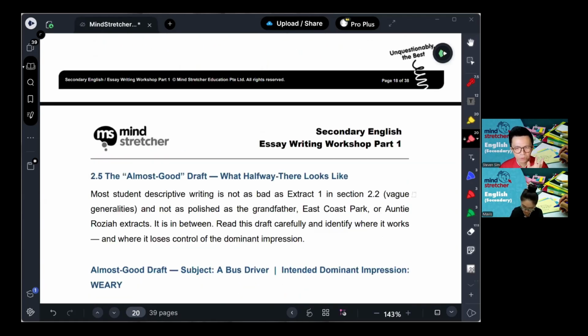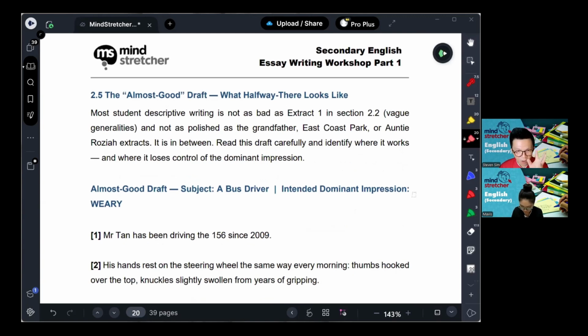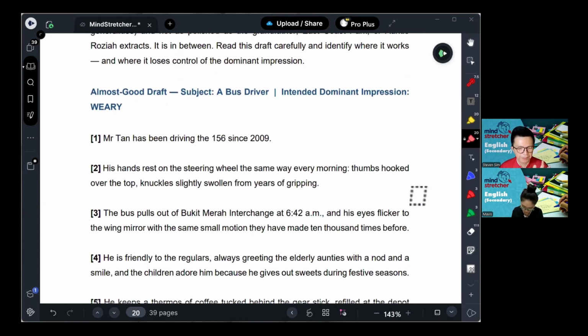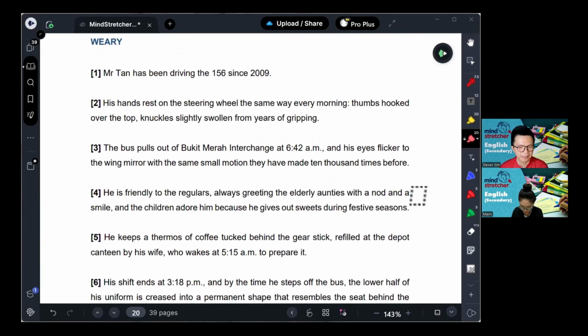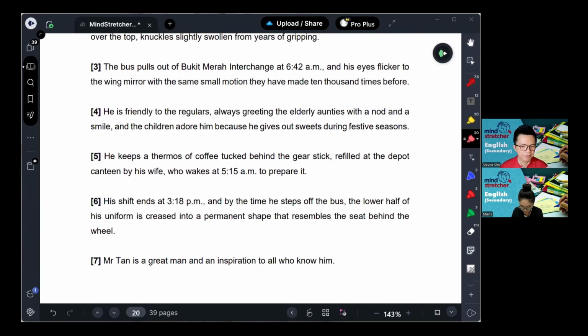So the almost good piece of good writing looks something like this. Okay, so he's friendly, he keeps this. So maybe you end up writing something like this. He does this, he does that. But the problem is that in between here, there is a big gap.